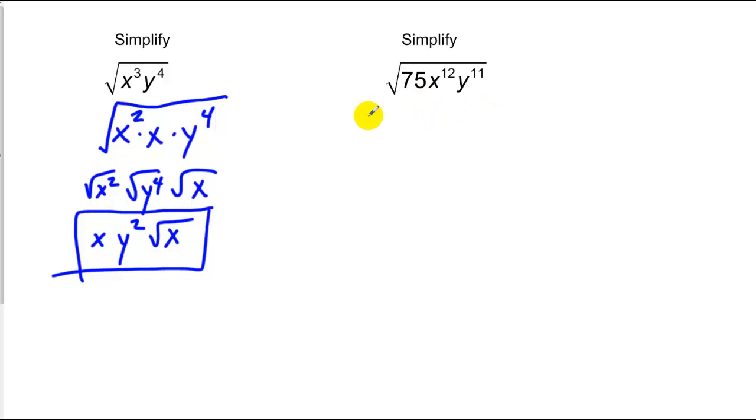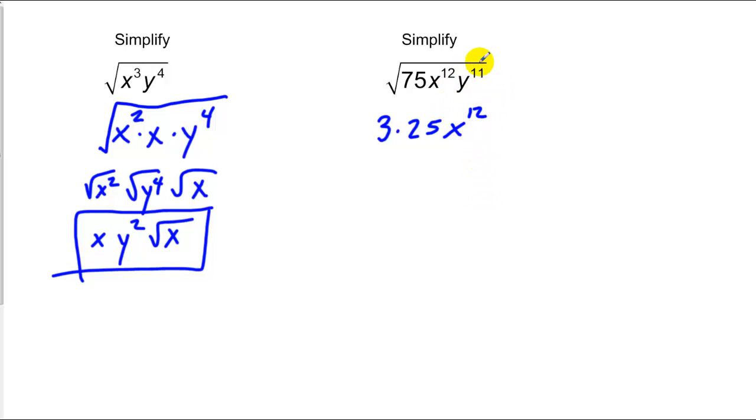When I take a look at this next term, it combines a number and variables. In 75, I know that's 3 times 25. 25 is a perfect square. X to the 12th is a perfect square because I know x to the 6 times x to the 6 is x to the 12th.